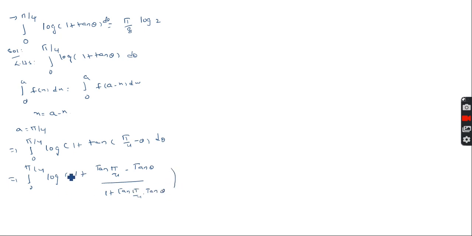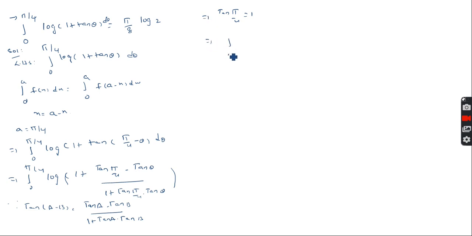This is the formula. So tan of a minus b is tan a minus tan b by 1 plus tan a into tan b. And we know the value of tan pi by 4. What is the value of tan pi by 4? Tan pi by 4 is nothing but 1.